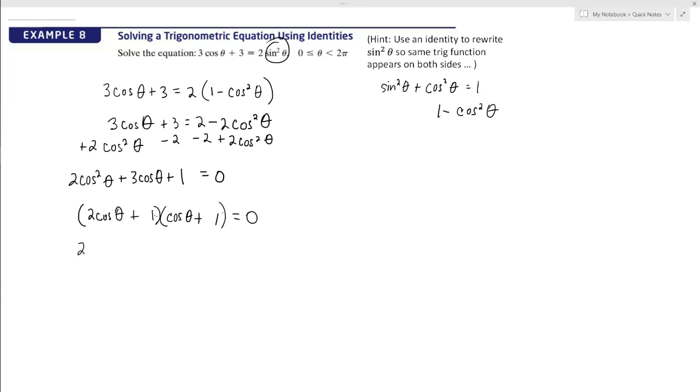So we've got 2 cosine theta equals -1. And we have cosine theta equals -1. So we're interested in when the cosine of theta is equal to -1/2. And when the cosine of theta is equal to -1. Cosine of theta is -1 at theta equal pi.